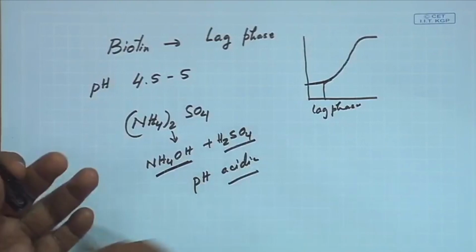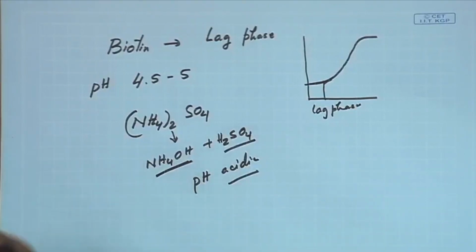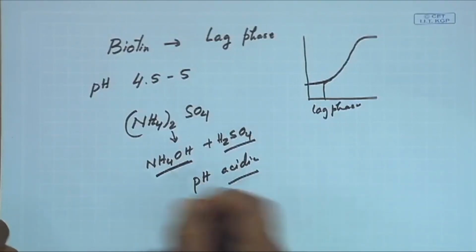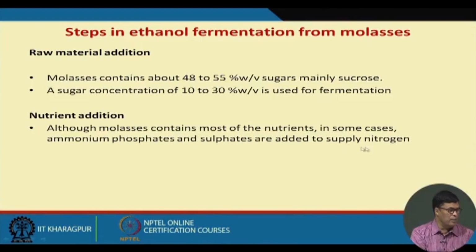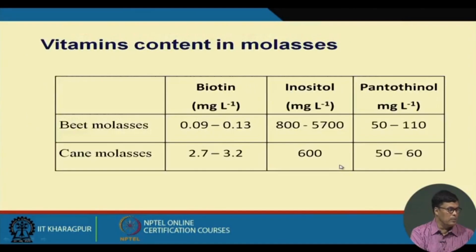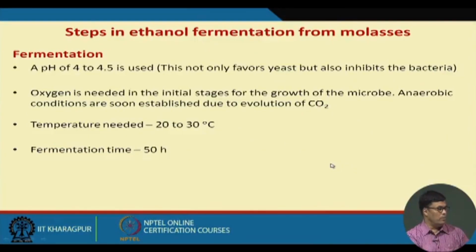So you don't have to add some acid to maintain the pH. Automatically the pH will be acidic. So that is why ammonium sulfate, usually prescribed as a nitrogen source, is greatly used for the yeast fermentation process. Now I told you a pH of 4 to 4.5 is used.